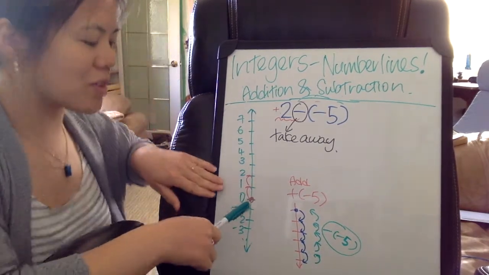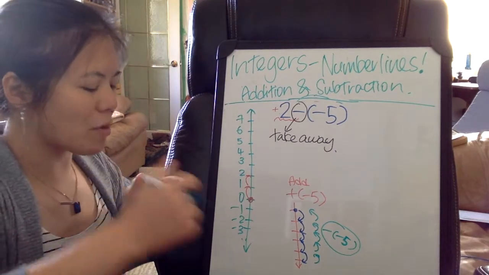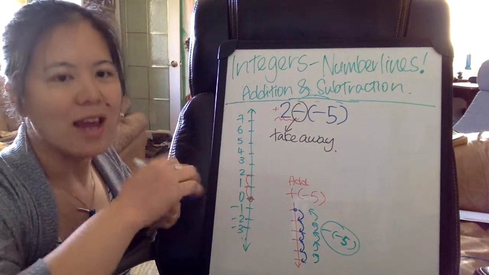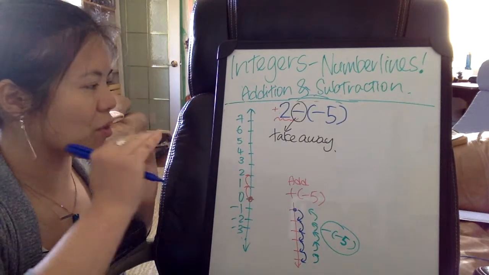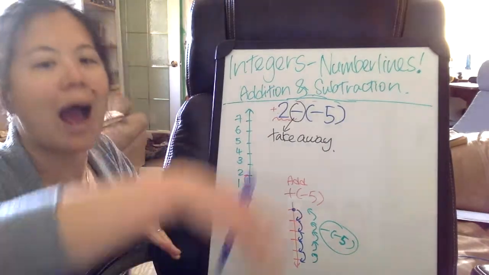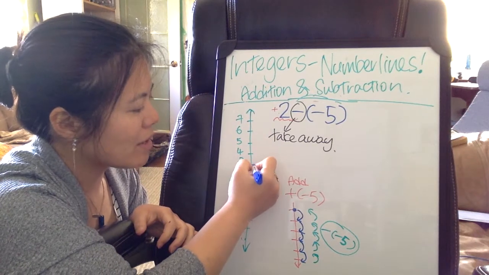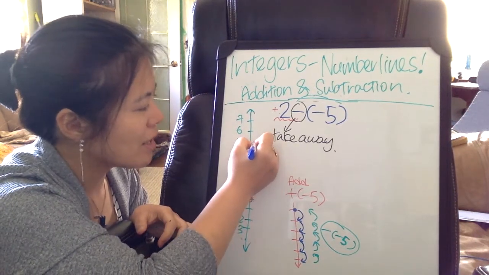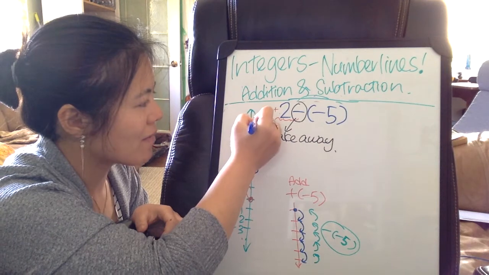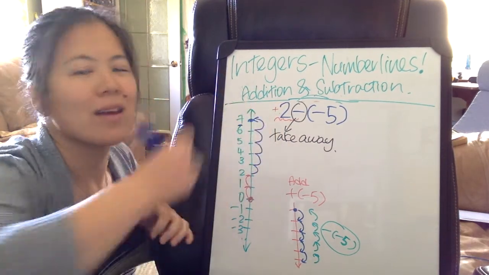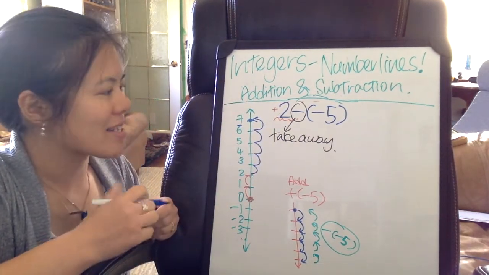So I'm going to take away the 5 steps going downwards. So instead, I'll go upwards. I'm doing the opposite. So I go up 1, 2, 3, 4, and 5. And where do I end up? I end up at 7.